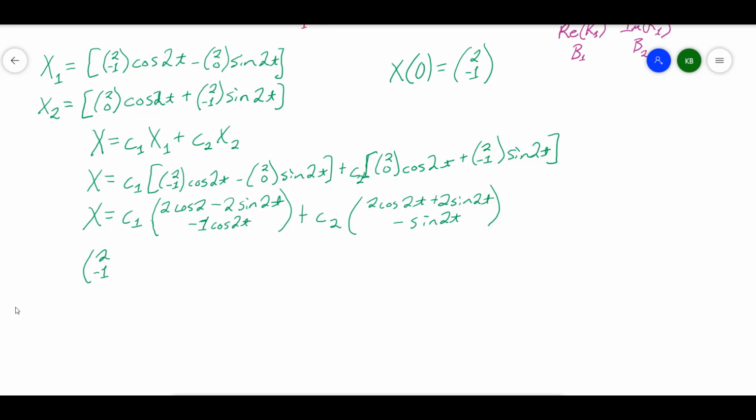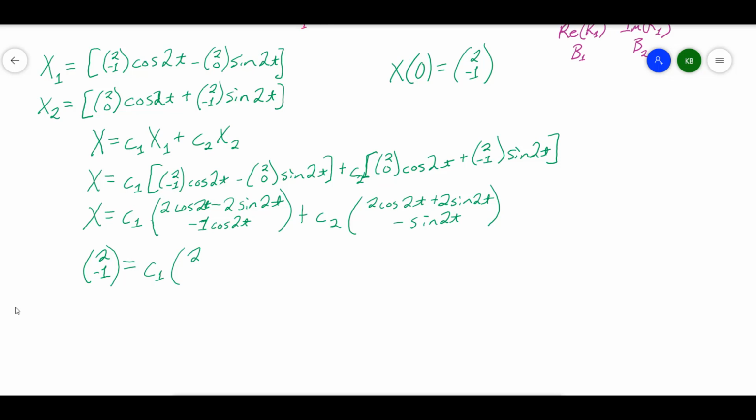So (2, -1) goes in as our x vector, and we have c1 still staying the same, and we'll be plugging 0 in everywhere we've got t's. So cosine of 2 times 0 is cosine of 0, which is 1, so this will be 2. Sine of 2 times 0 is 0, since sine of 0 is 0, so we don't have anything to worry about there.